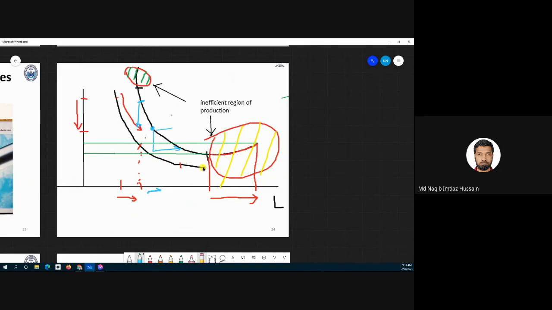But beyond this point, in this region, if you increase your labor, instead of capital reducing, it's increasing. So this region is called the inefficient region of production.